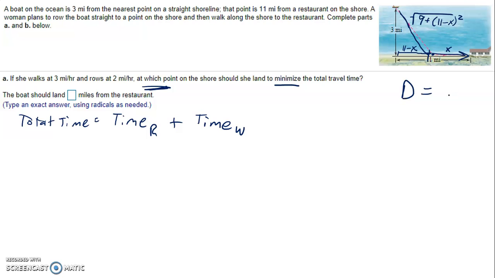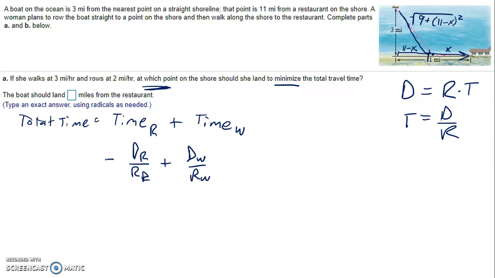Now we're going to use the equation distance equals rate times time and solve for time. The time rowing can be the distance rowing divided by the rate rowing, and the time walking can be the distance walking divided by the rate walking. So our total time, which I'm just going to call t, is equal to this equation.